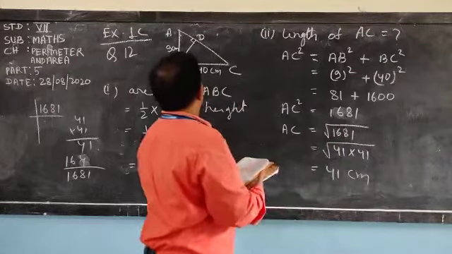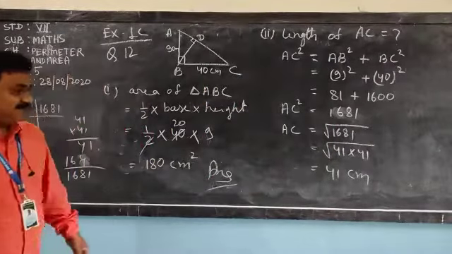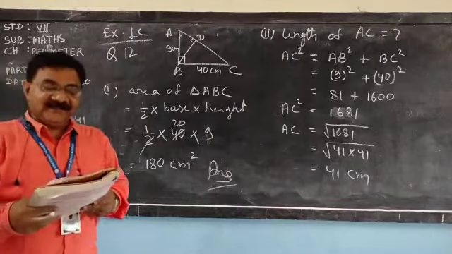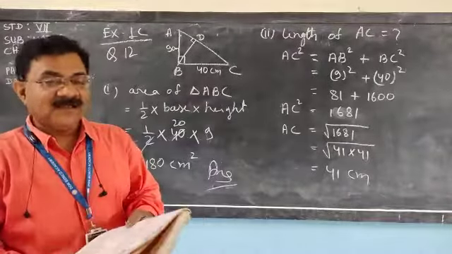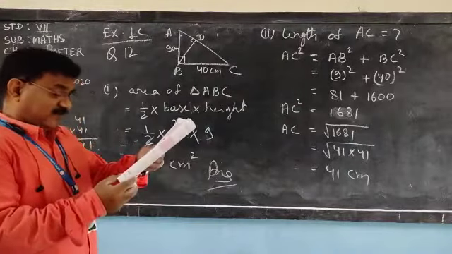So the length of AC is 41 centimeter. Very clear?